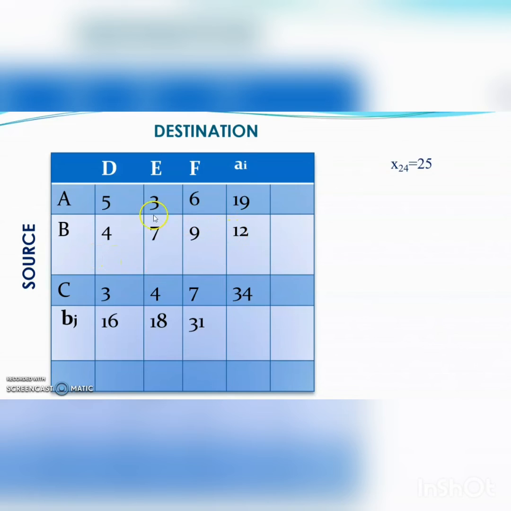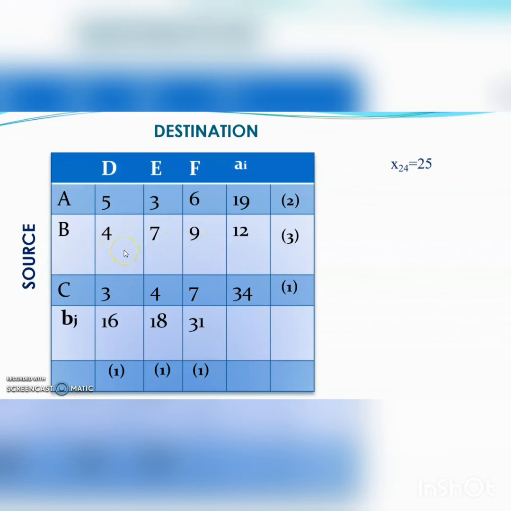Here we again calculate the penalties for each row and each column. The penalties are 2 for the first row, 3 for the second row, 1 for the third row, and the penalties for the columns are each 1. Now the maximum penalty, that is the largest penalty, occurs in the second row.